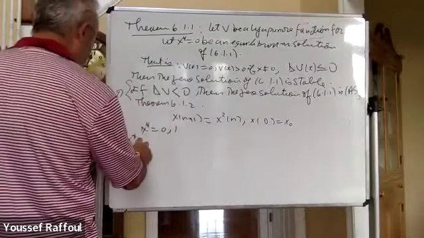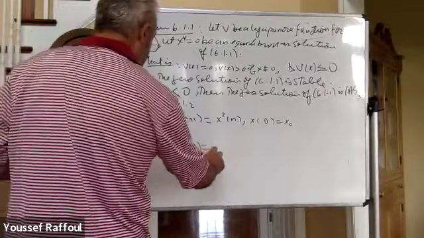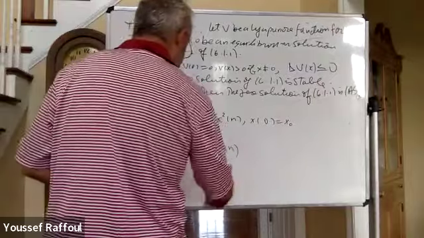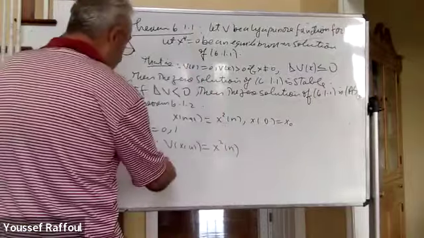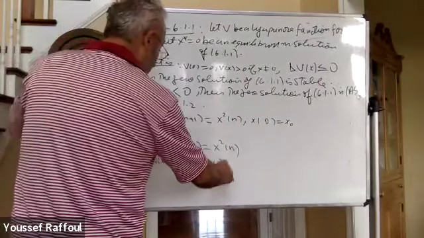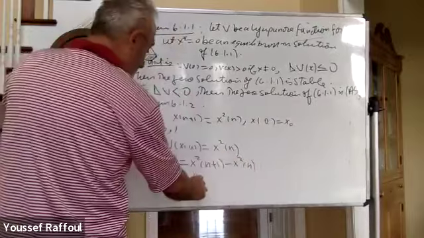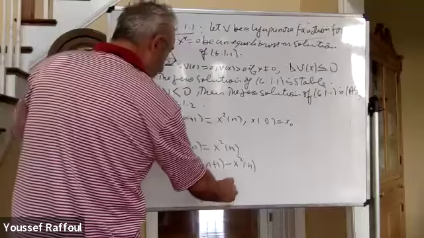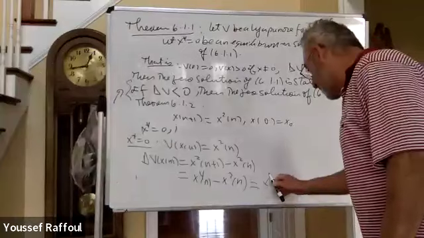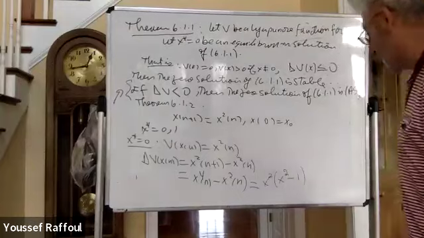Let's take a look at x star equals 0. We took V(x(n)) to be x squared of n. Then ΔV of x(n) is x squared of (n+1) minus x squared of n. That is x to the fourth of n minus x squared of n, and that is x squared times (x squared minus 1).